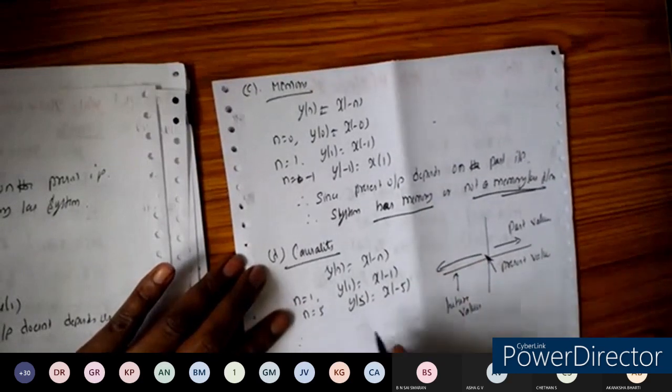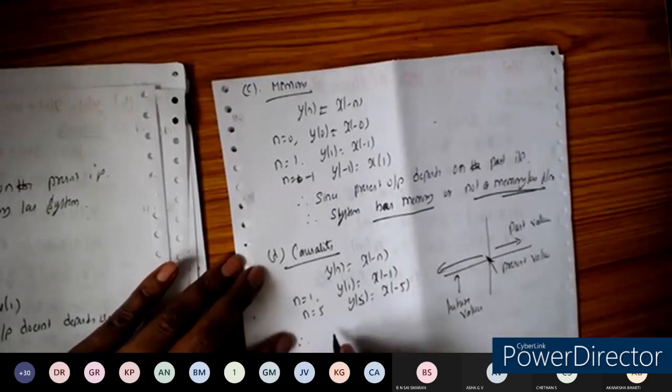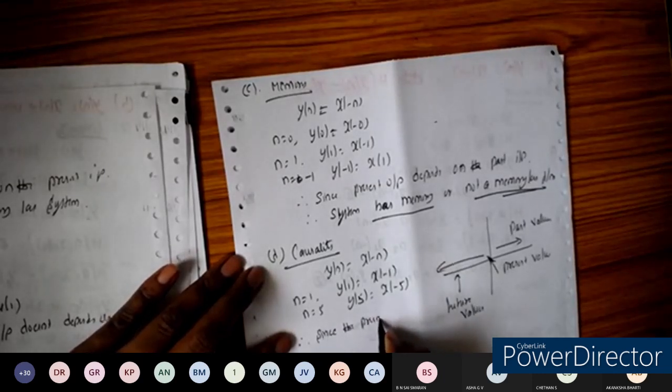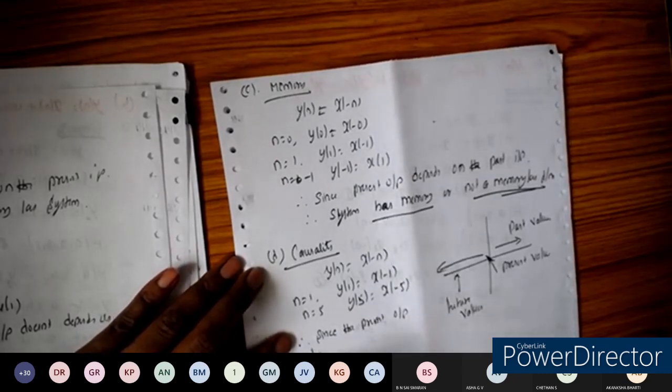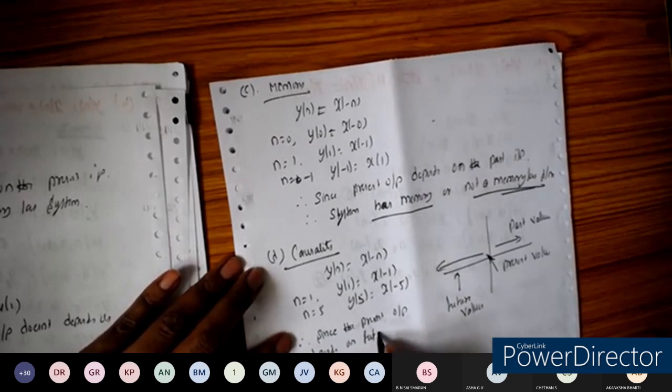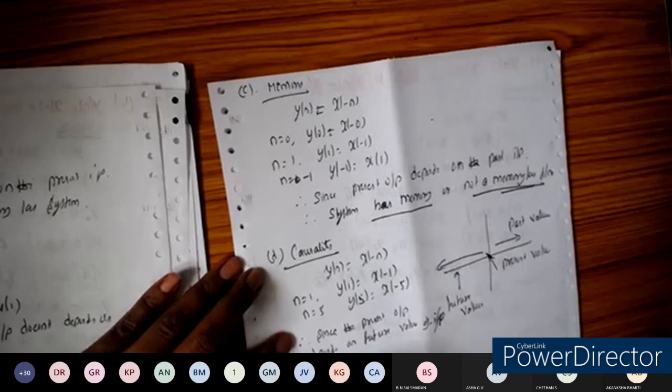Since the present output depends on the future value of the input, it is not a causal system. Therefore it is a non-causal system.